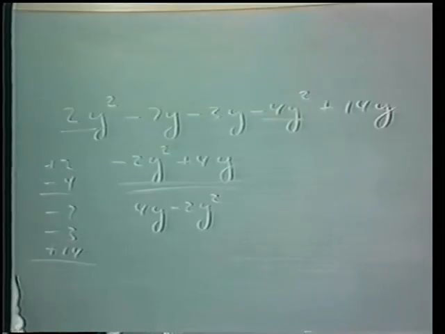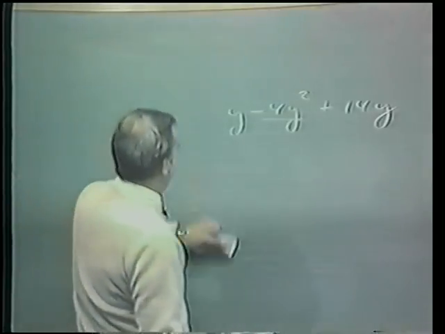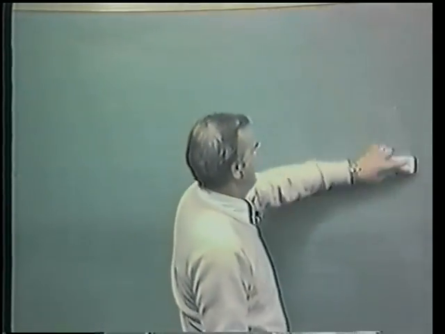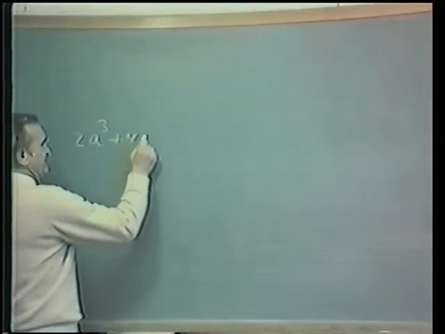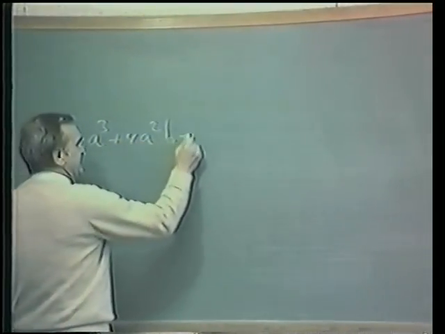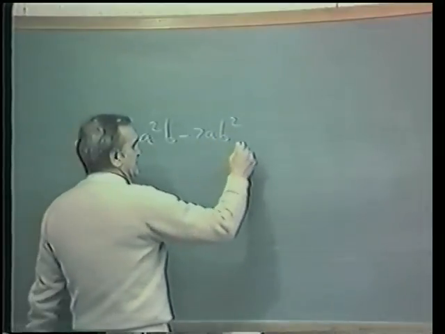Any questions on this? Well, let's give you another problem to see if you really understand what's happening. Let's suppose we have this. 2a to the third plus 4a to the second b minus 7ab to the second.